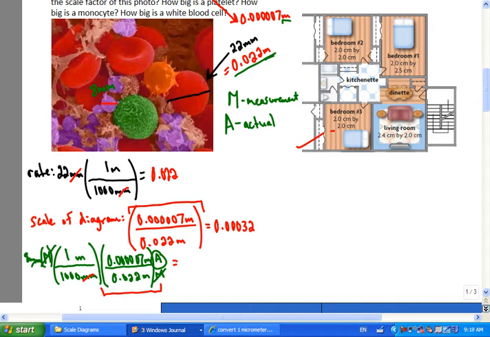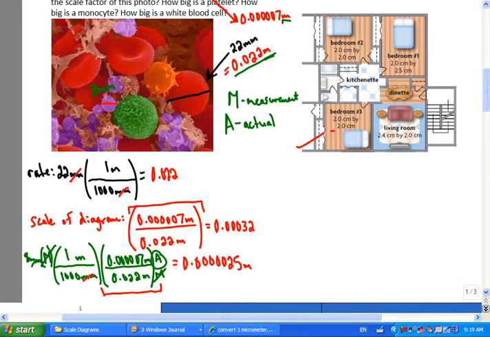So let's see here, that would be 8 divided by 1,000 times 0.23457 and divided by 0.022. So I end up with 0.123455, 0.025 meters.